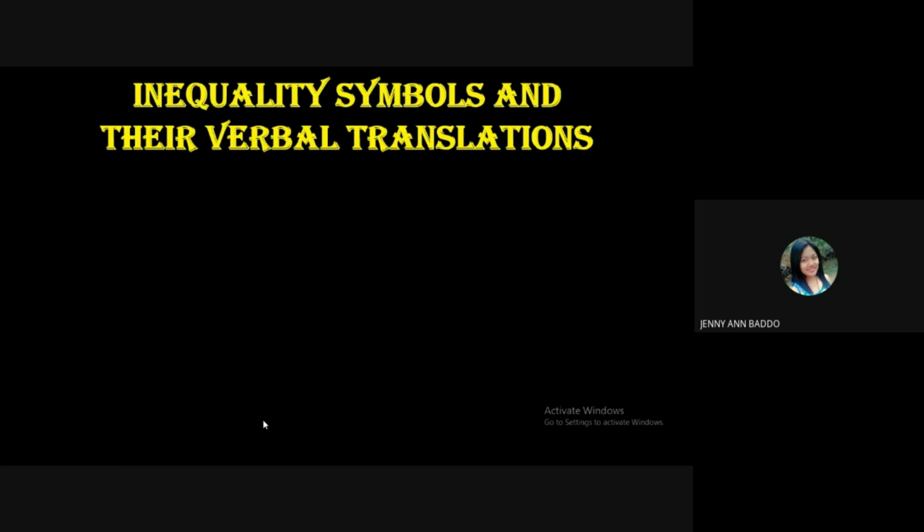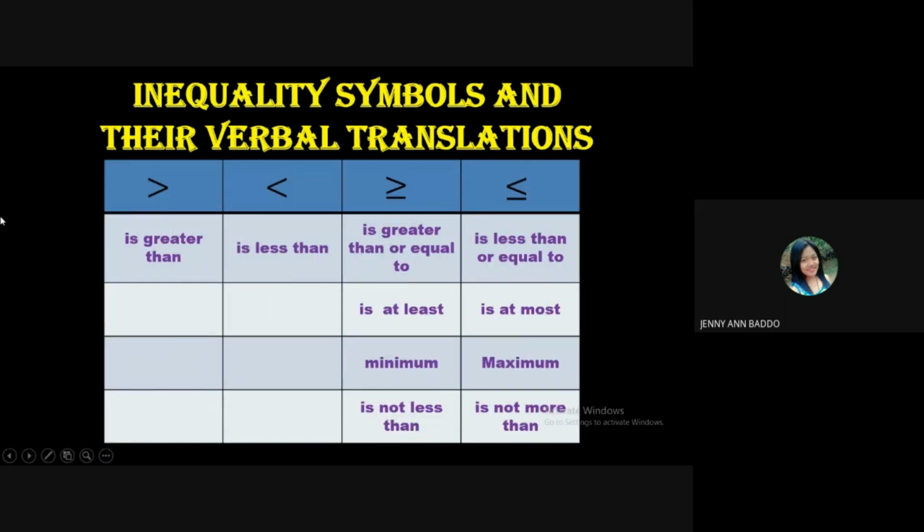Let us now have these inequality symbols and their verbal translations. First, we have the greater than symbol. So when you see this phrase is greater than, then we are pertaining to this inequality symbol. But if you see is less than, then we have this symbol. Next, we have greater than or equal to.